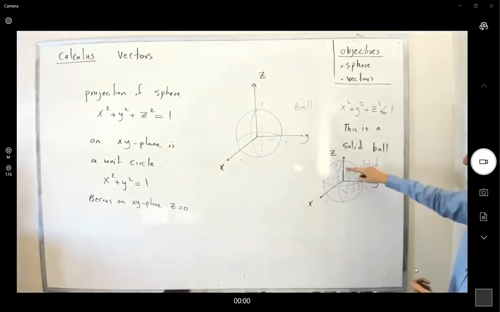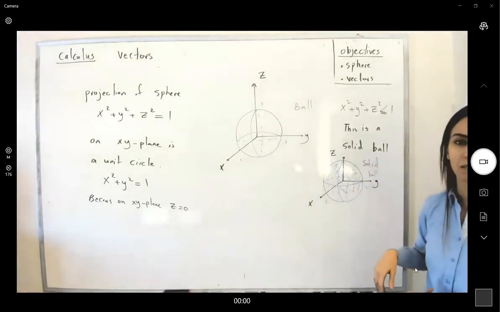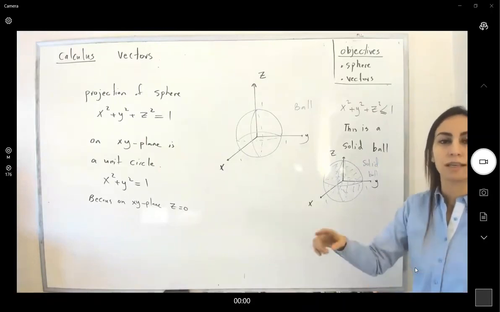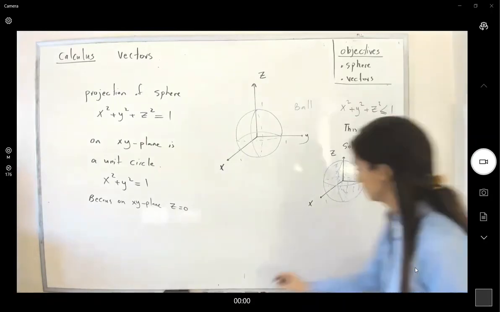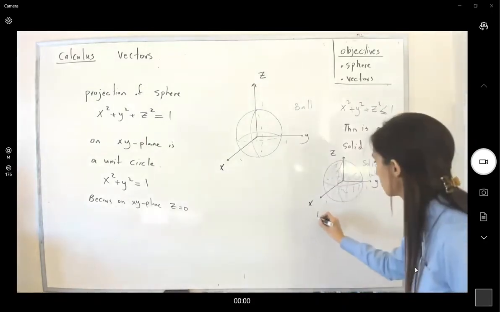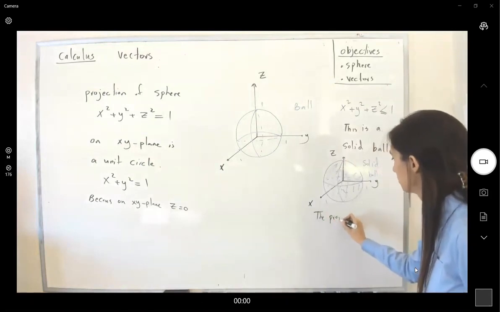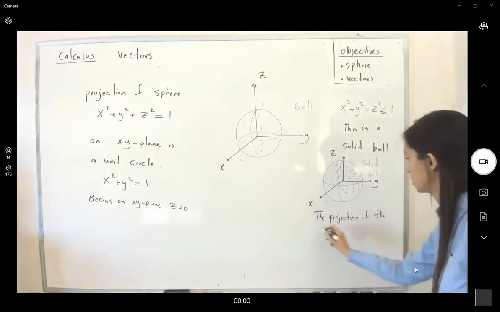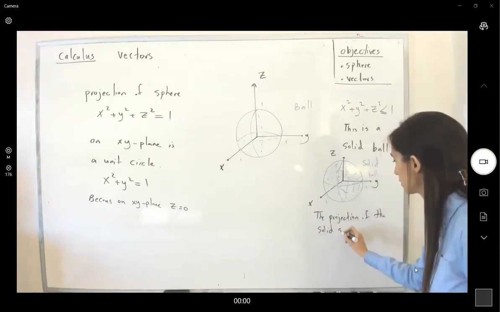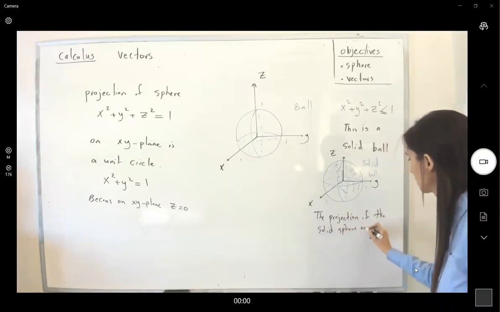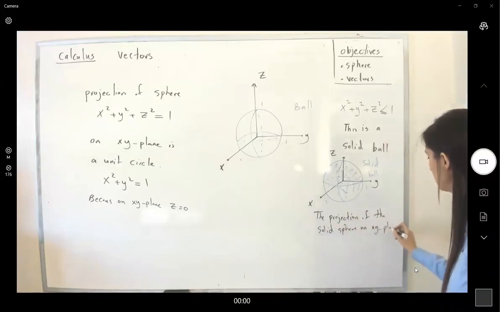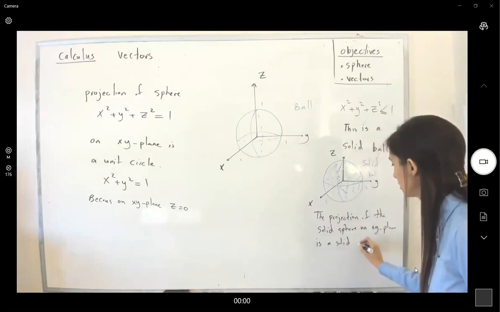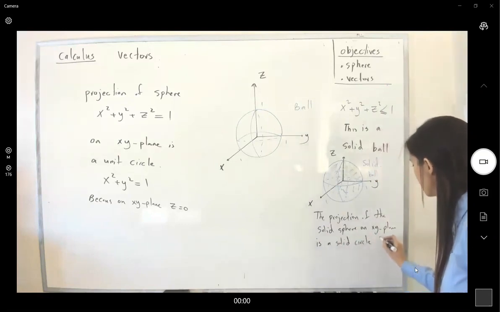So if you project this in the xy plane, the answer is not just a circle. It's a disk. The projection of the solid sphere on the xy plane is a solid circle or a disk.